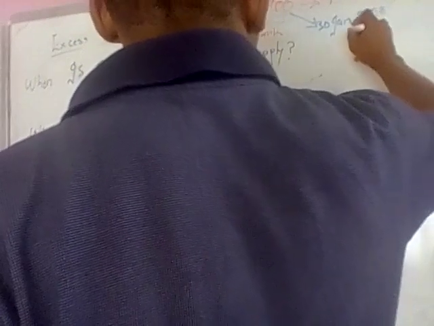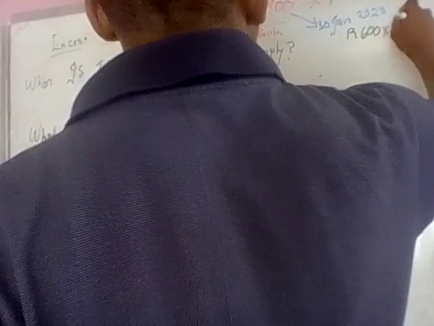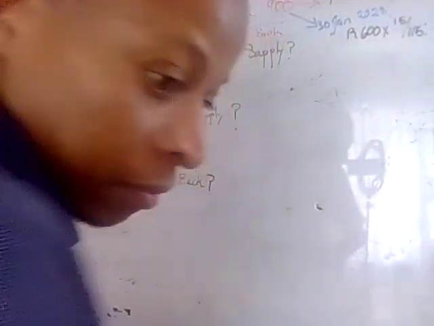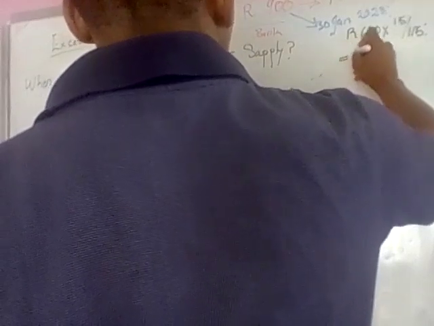So ideally, what are we saying? When we invoiced this originally in our books, we had 600 rands times 15 over 115. That would have given us our VAT claim, which would have been 78 rands.